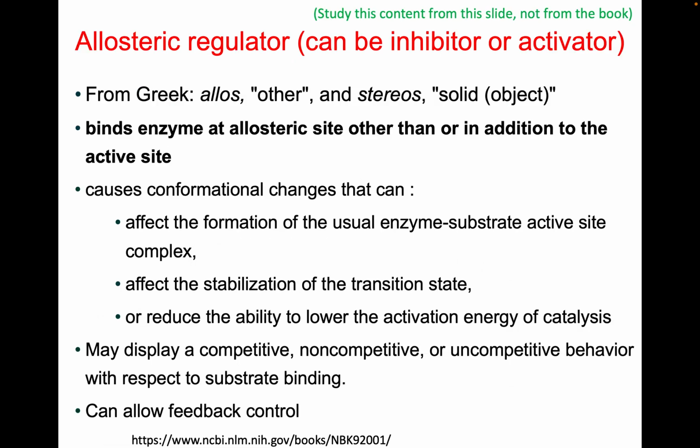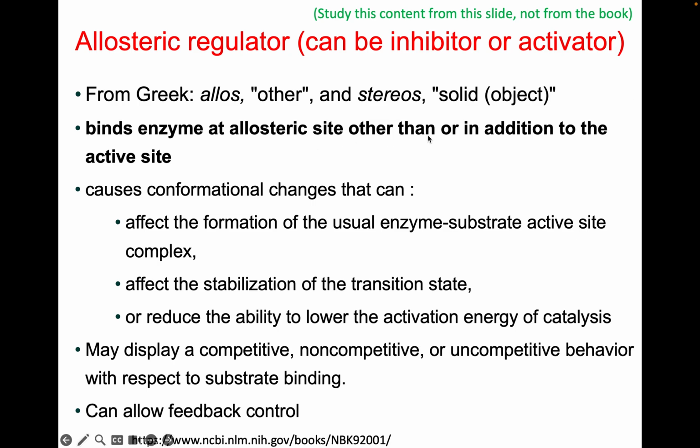So now let's talk about allosteric regulators. Allosteric regulators are substances or compounds that bind to the enzyme in a different place, meaning that they do not bind to the active site.